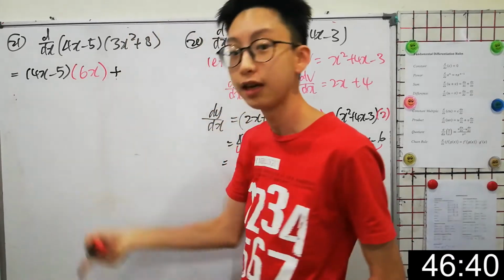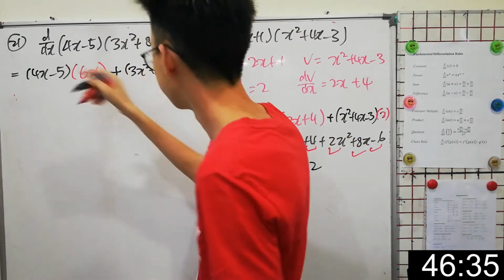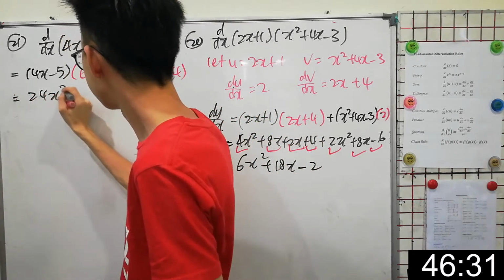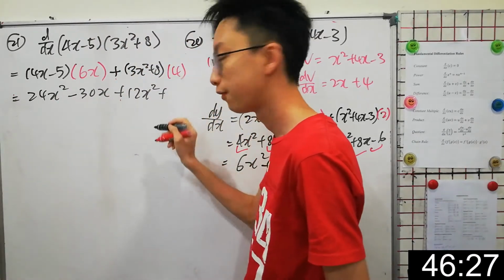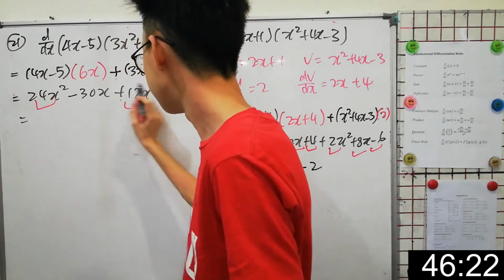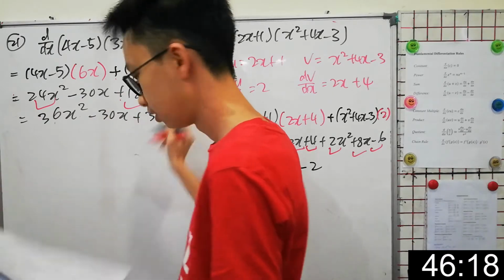Plus, since the product rule is a plus, you copy the second bracket, then you differentiate the first bracket. So this is 24x squared minus 30x plus 12x squared plus 8 times 4 is 32. Then you group all the like terms. This one plus this one is 36x squared minus 30x plus 32.